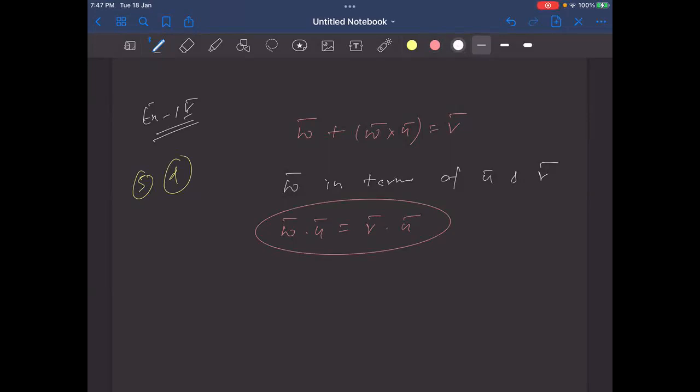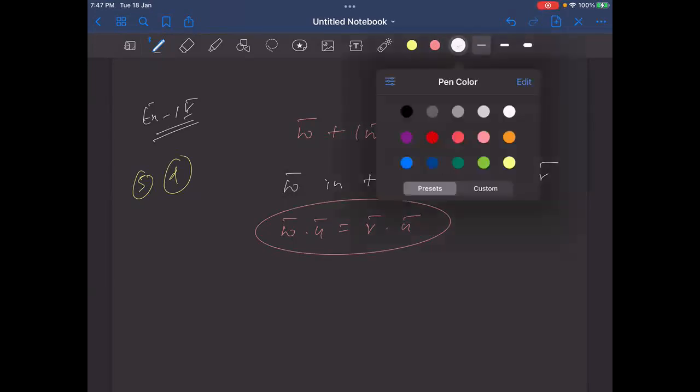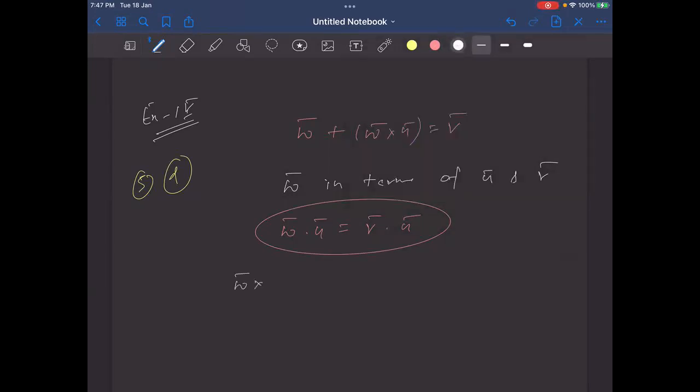So we'll have two advantages. One is we have the liberty of replacing omega cross U in terms of omega, and we have the value of it, so we'll take the cross with U. Right. ठीक है, तो ओमेगा क्रॉस U का वैल्यू कितना है पहले से?